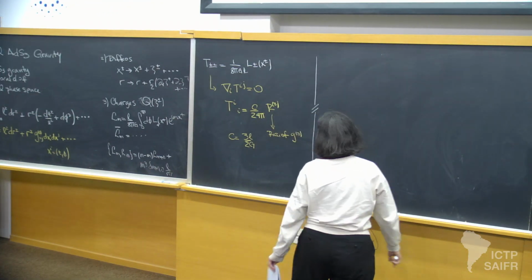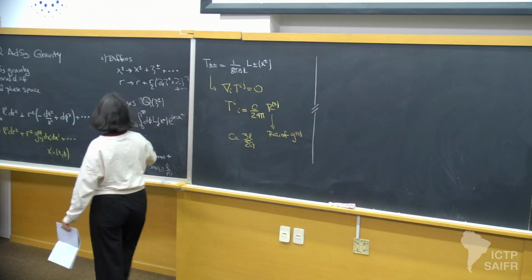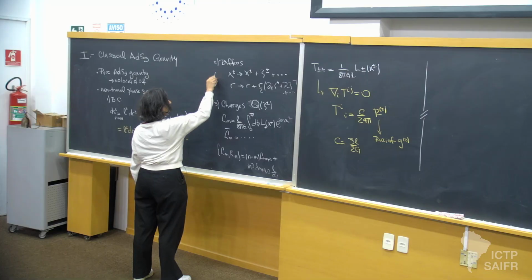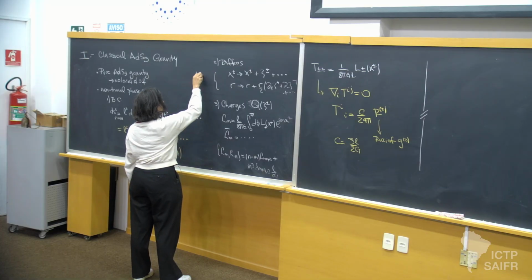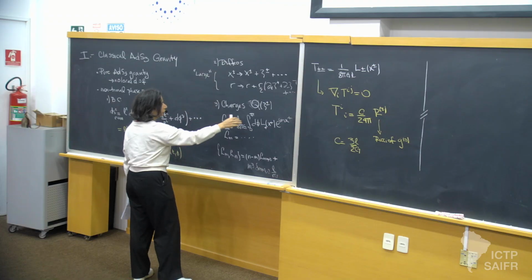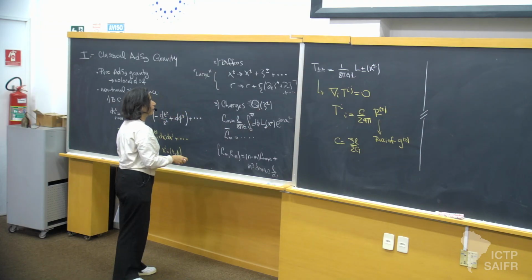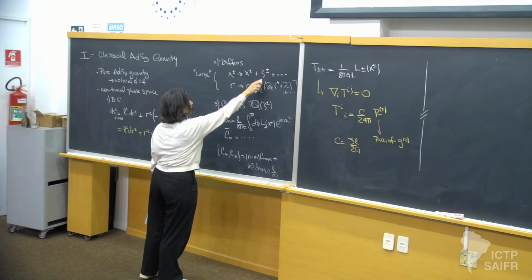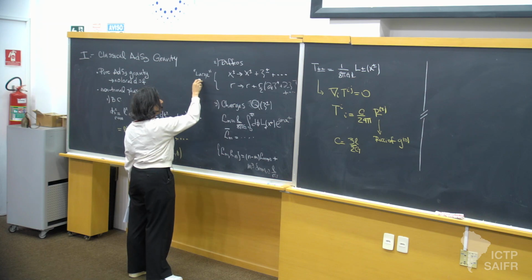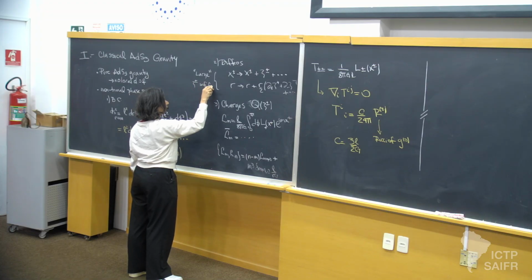And in general, these type of solutions, so this type of diffeo, we call them large because they have a charge associated to them, but they're described by infinitesimal parameters, zeta plus and minus are infinitesimal functions.